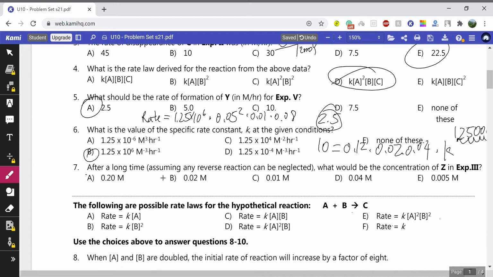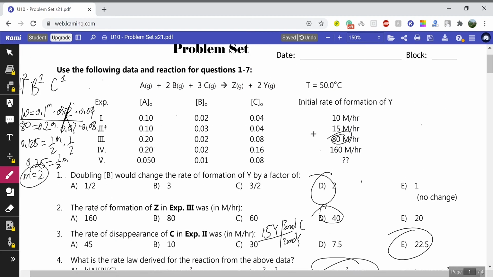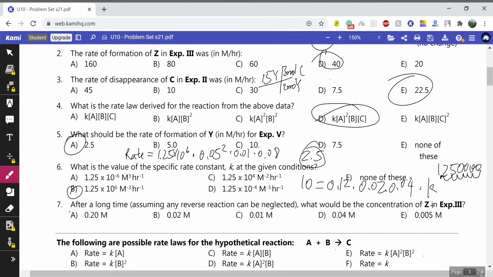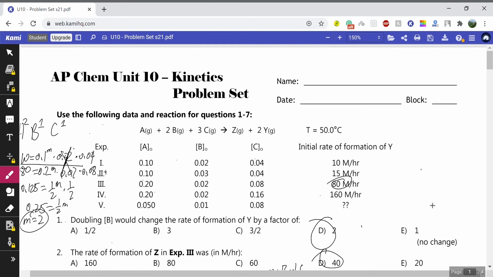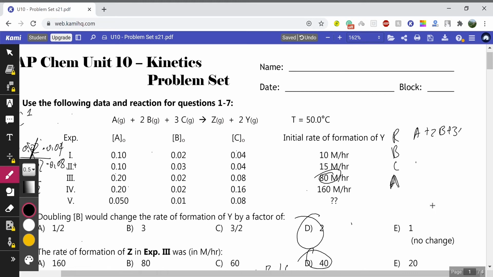Number 7, after a long time, assuming any reverse reaction can be neglected, what will be the concentration of Z in experiment 3? Okay, let's take a look at experiment 3. Now we're looking for the concentration for Z. And this is when we need to use an RBCA chart. The reaction is A plus 2B plus 3C makes Z plus 2Y.